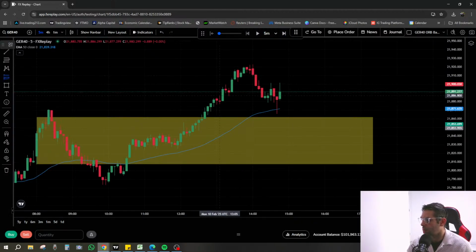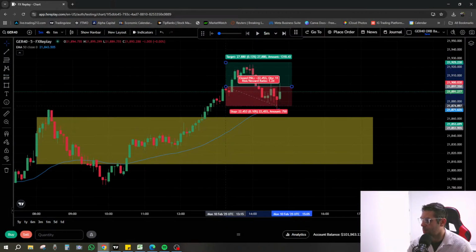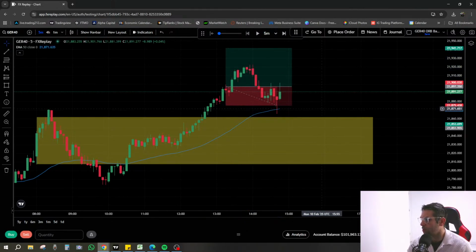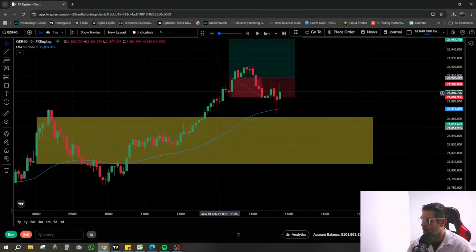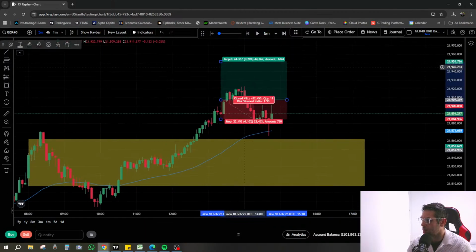So now it almost tested the range. If I would have entered there aiming for 1 to 2, it would have stopped me out, and on this one the same thing. It would have reached the target, just stopped me out.